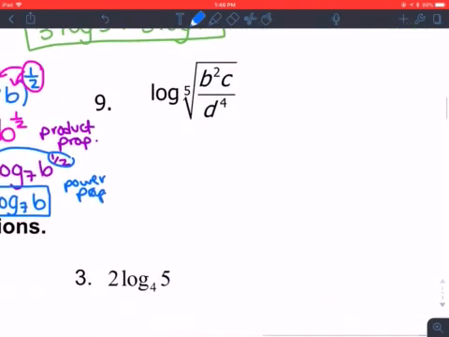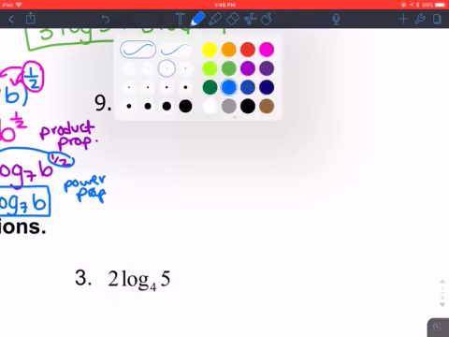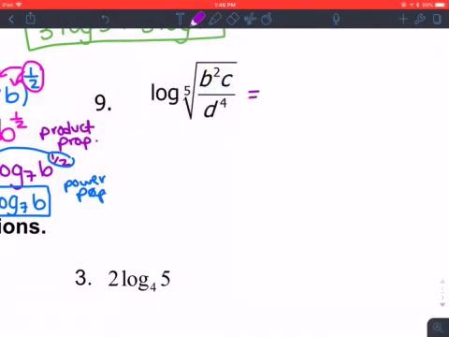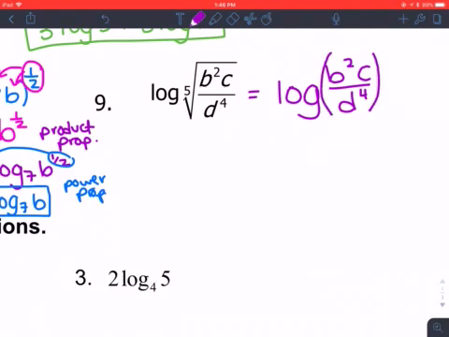Let's look at our final example. Again, we have a rational exponent because a radical can be rewritten as a rational exponent, so we'll start there. Log of b squared times c divided by d to the fourth. Now this entire argument is being raised to the 1/5 power, since everything in the argument is underneath that fifth root.